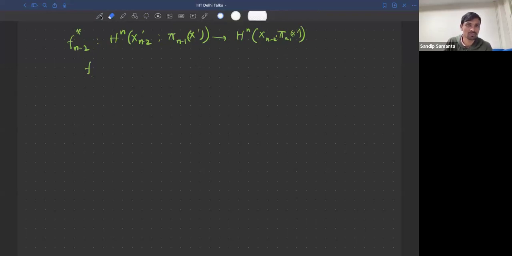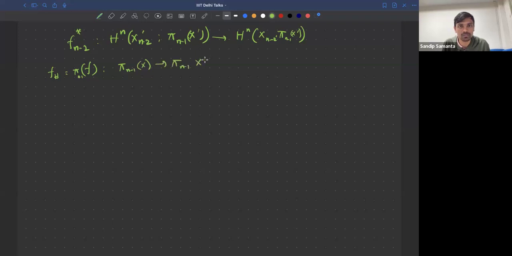So for consistent notation, this is pi f, which I am again denoting by pi hash. This is the map at the n minus 1th level, from pi n minus 1 X to pi n minus 1 X prime.